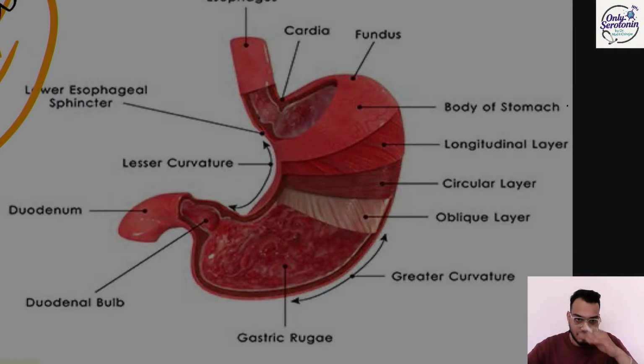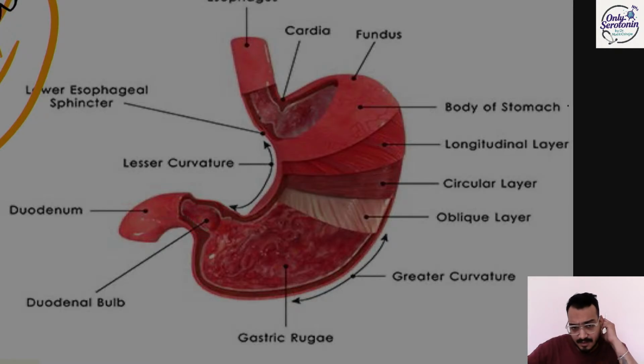Inside the stomach, you are having these things, which you are going to call gastric rugae. These gastric rugae are very important for the stomach, guys, because they protect us from the acidic secretions of the stomach. Then we are having the duodenal bulb, and then we will have the duodenum.